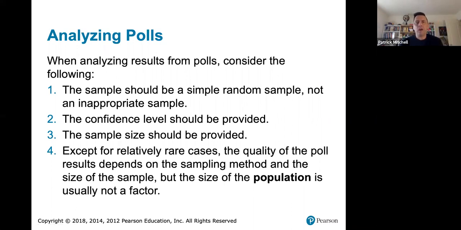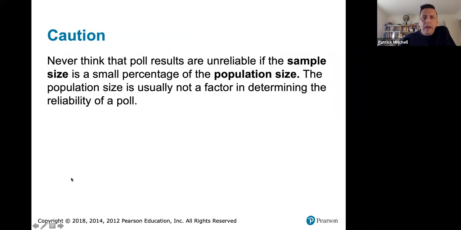So if you selected 1,000 random adults in Merced, the margin of error and everything else should be the same as selecting 1,000 random adults in a smaller town like Delhi. Okay, never think that poll results are unreliable because of the population size. Again, it really goes by the sample size and not by the population size.